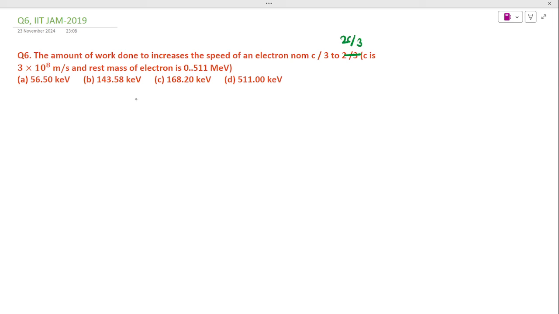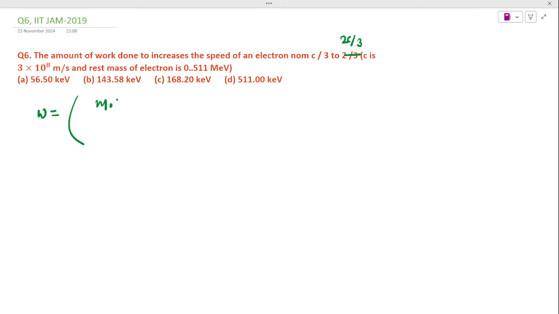C is 3 into 10 to the power 8 and the rest mass of the electron is 0.511 mega electron volt. So the change of kinetic energy is basically the work done.